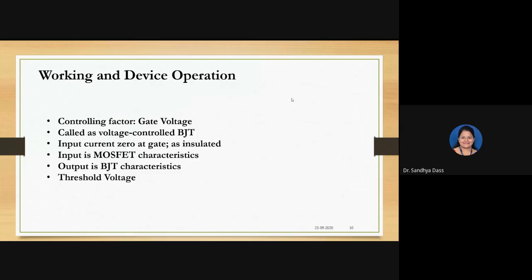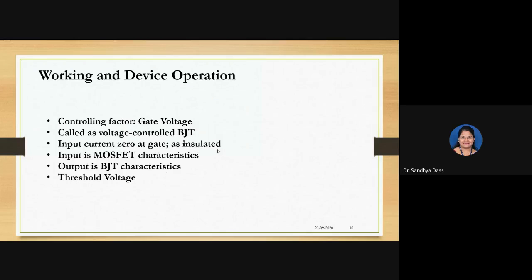So that is about the working of the device. Just to wrap up, its controlling factor is the gate voltage, so the device can also be called a voltage controlled BJT. The input current is 0 at the gate because the gate is insulated.